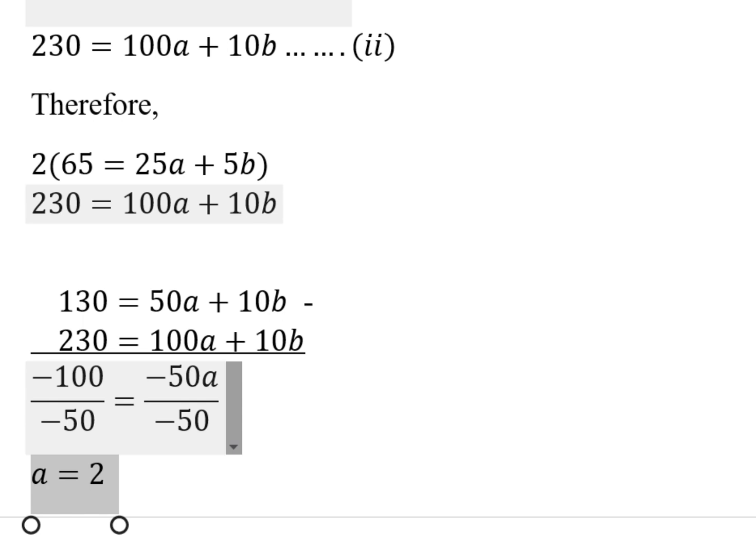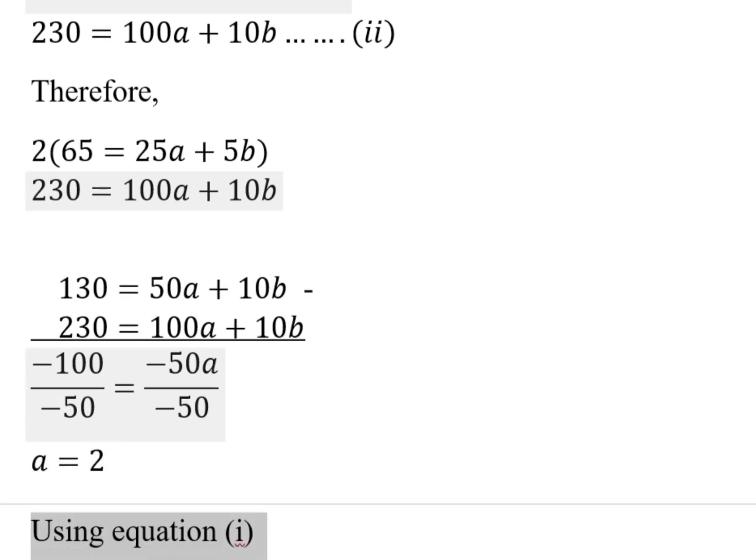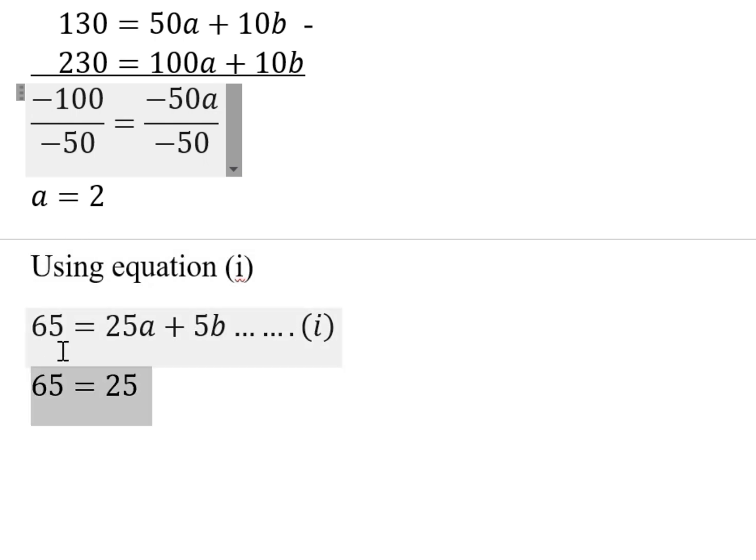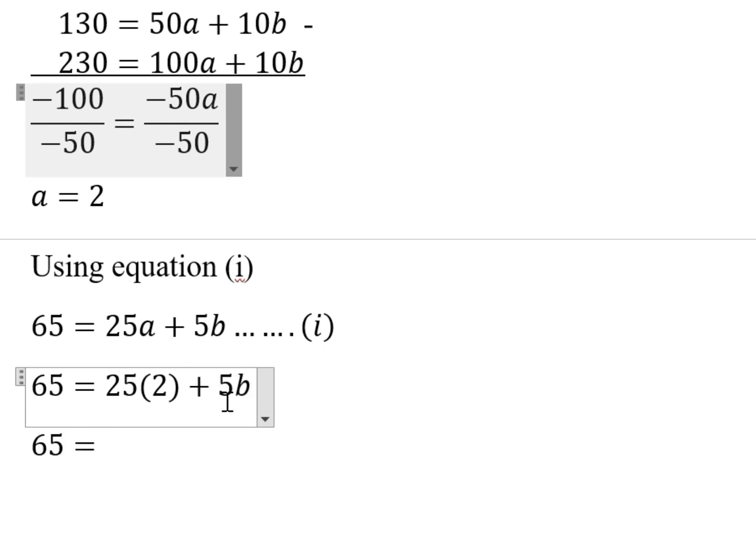So if we take the first equation, we shall have 65 is equal to 25a plus 5b. Replace a with 2, we shall have 65 being equal to 25 times 2, because we have found the value of a to be 2, plus 5b, meaning 65 is equal to 50 plus 5b.